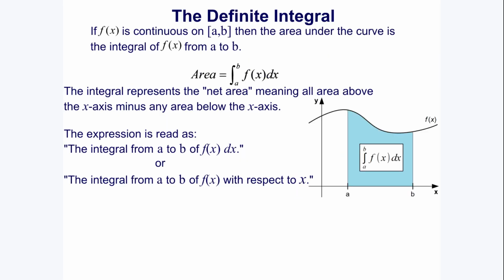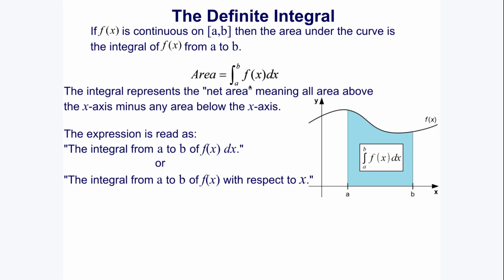So the equation for an integral looks like this or like this. It's got that kind of squiggly S symbol, and it has limits from A to B, which are the limits on your x-axis. And then the function f of x, and then it ends with dx. So the dx we saw when I talked about differentials, and this dx is not part of the function, but it lets you know what variable you are integrating with respect to.